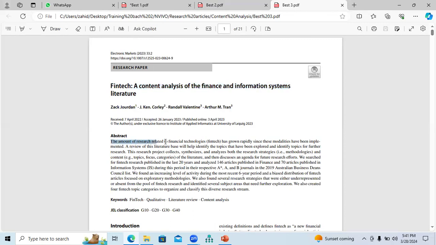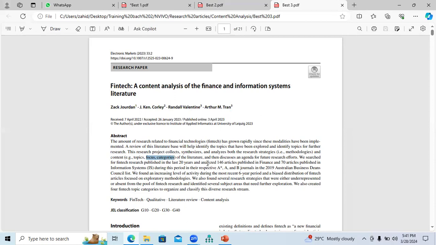The amount of research related to financial technology, fintech, has grown rapidly since these modalities have been implemented. So our review of this literature base will help identify the topics that have been explored and identify topics for further research. So I think they have used the literature review for identifying the topics, the focus, and the categories of this research.